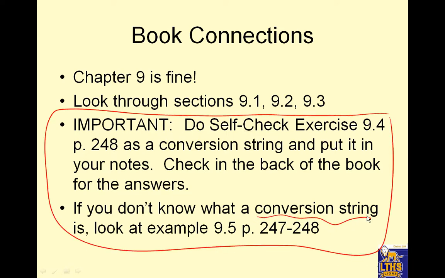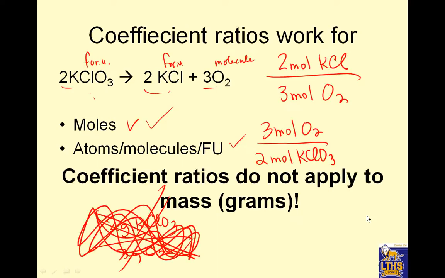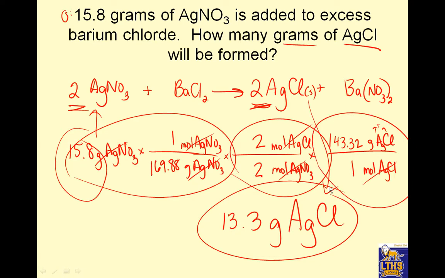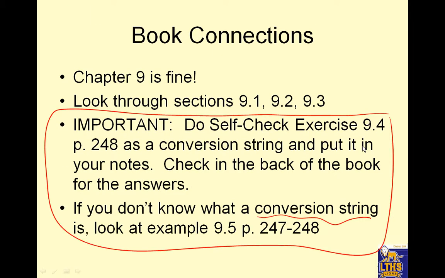A conversion string is when you do all of the conversions right in a row. So go for it, do it. Peace out. Thanks, Bruno, for helping us with this PowerPoint.